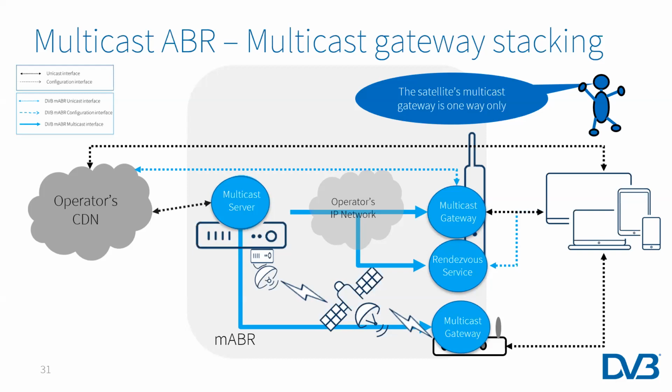It's just one case. I just wanted to show you that it's perfectly possible to have more than one multicast gateway in the home, or let's say accessible by the end user terminal. The rendezvous service knows how to handle that. In that particular use case, the multicast gateway hosted in the set-top box has no return channel, so this is a one-way configuration. However, the other multicast gateway has a feedback channel.